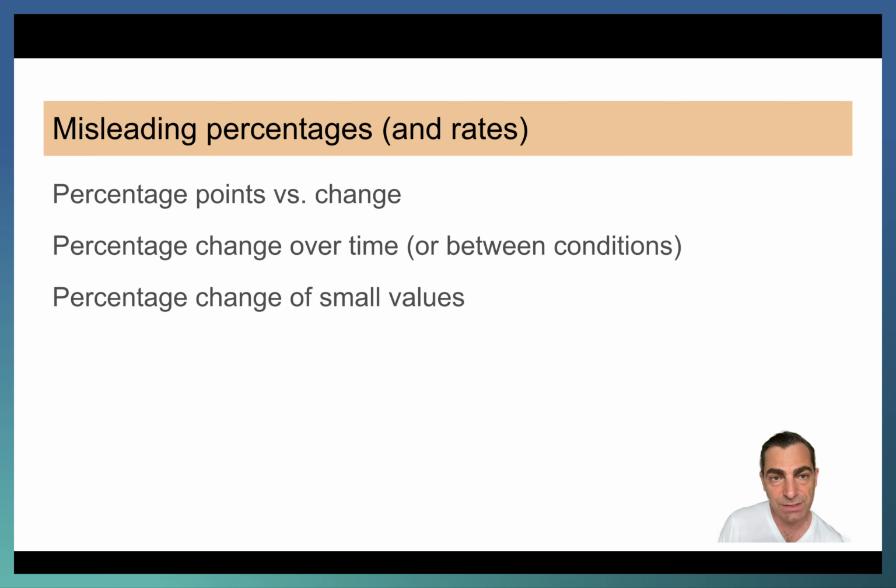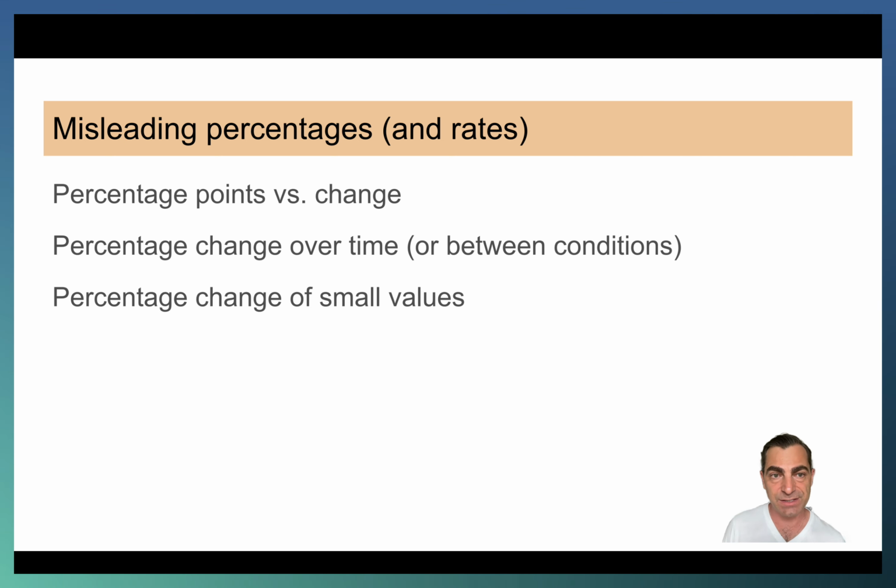And percentages have a very peculiar way of misleading. It's really easy to get fooled by percentages. And here I'm going to list some of the most common ways in which percentages can be at least confusing, if not misleading, with the caveat that there are way more, okay? I think these are some of the most common.